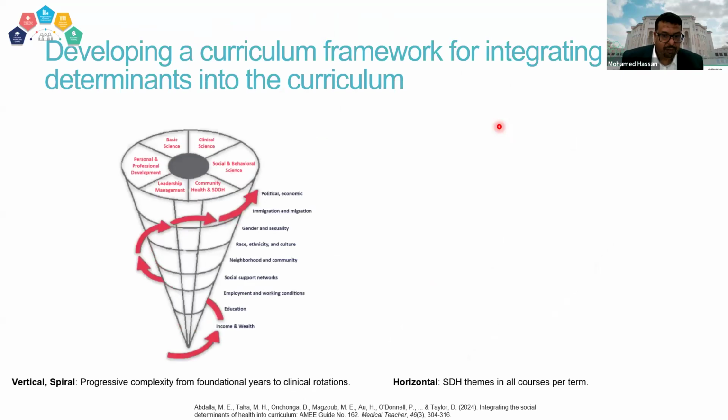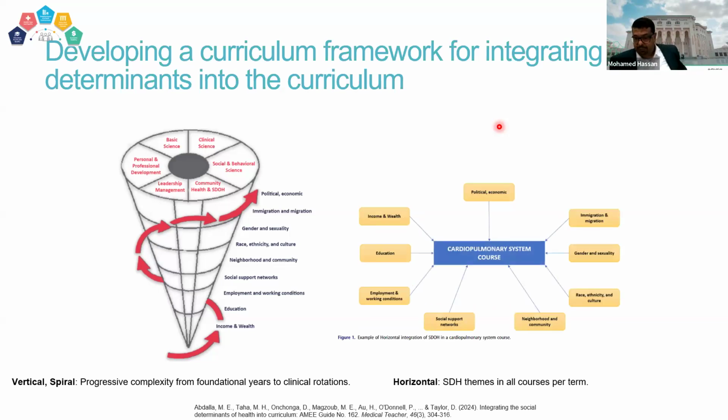As you know, adopting an integrated curriculum gives a good opportunity for integrating social determinants of health across the curriculum by revisiting these important topics and aspects in a different way, such as spiral integration, as we can see here, across the years of the curriculum from year 1 to year 5, or we can do integration at the horizontal level as themes in a course per semester or per term, as can be seen here on the right side.